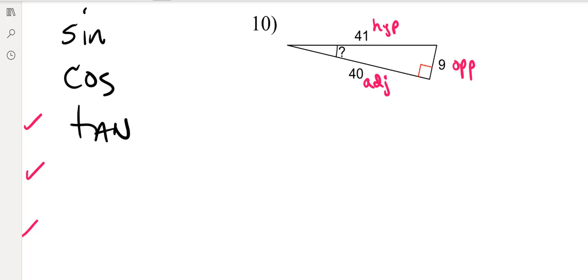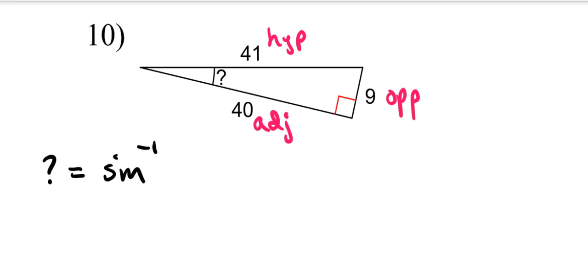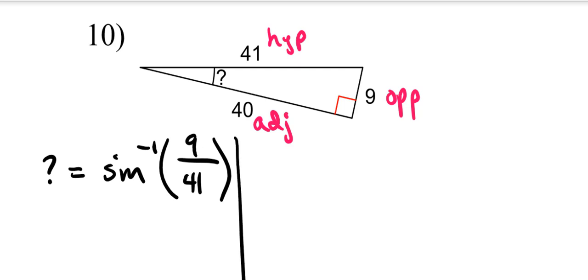To figure out the value of the missing angle, I could use arcsine, and the ratio for arcsine is opposite over hypotenuse, which is 9/41. That could be one option.